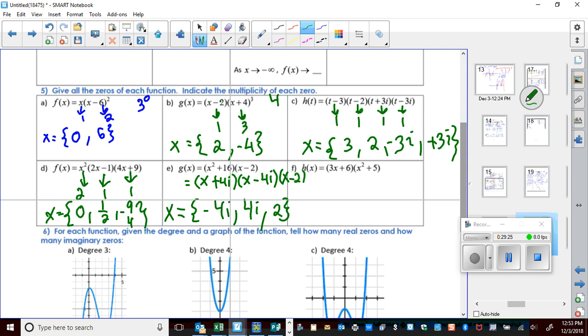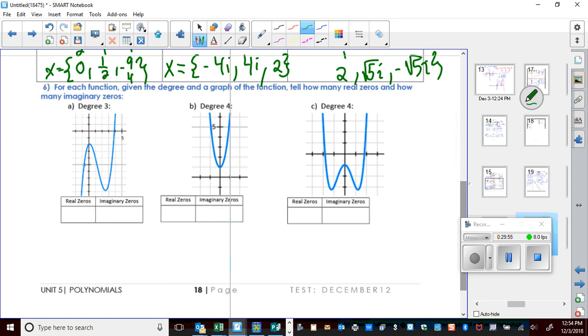For f, this swings over and becomes 6 over 3. Multiplicity here is 1, but the root of it is 2. Right here, this becomes x plus square root of 5 times i times x minus square root of 5 times i. So my last two zeros are square root of 5 i and the negative of square root of 5 i.